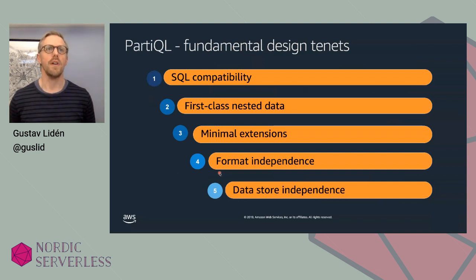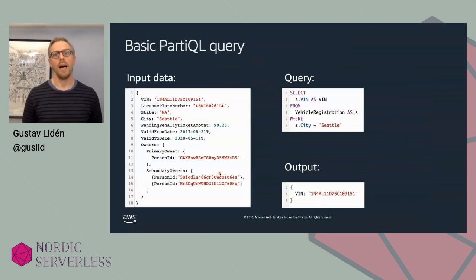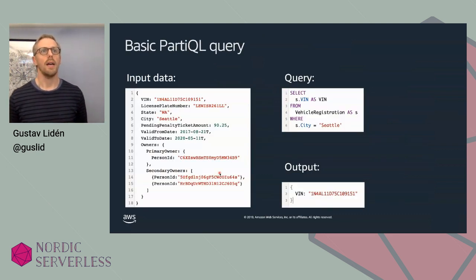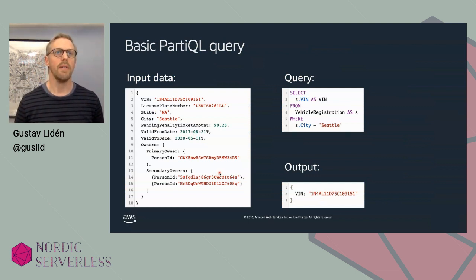To give you a first look at how this looks, here is an example with some input data. Given the document to the left, you can write a query like the one at the top right, where you select a vehicle identification number from a registration, which is what we have to the left, where the city is Seattle.